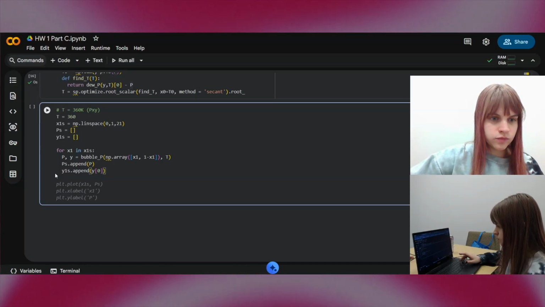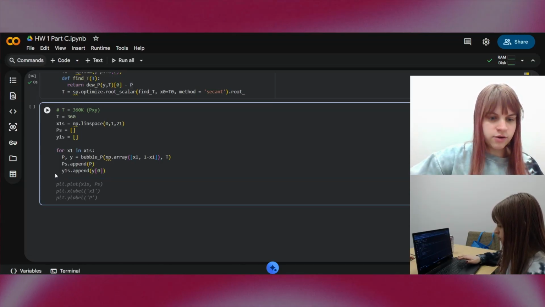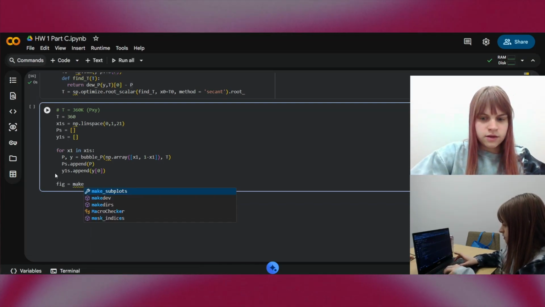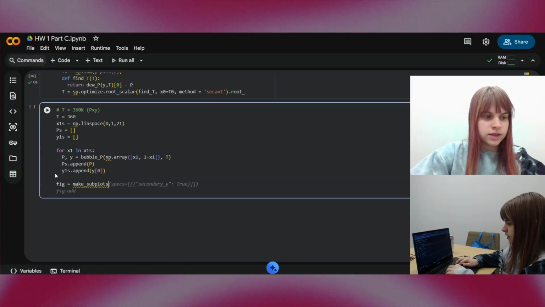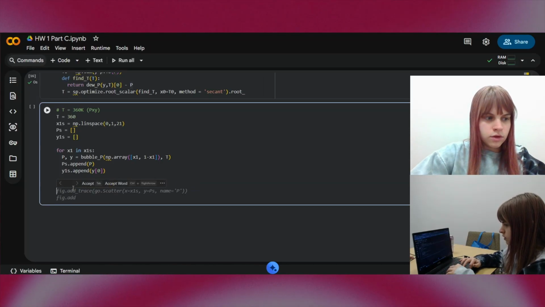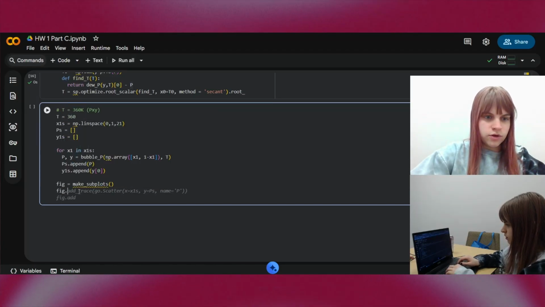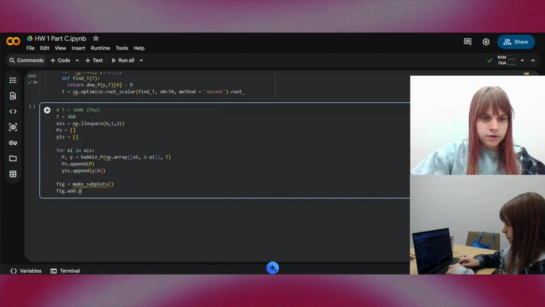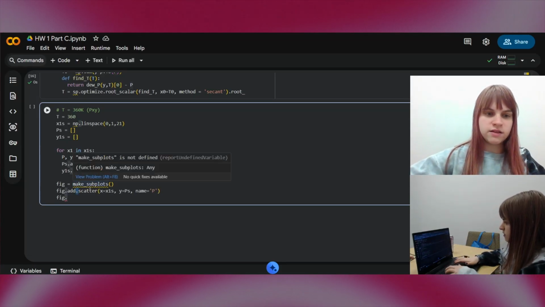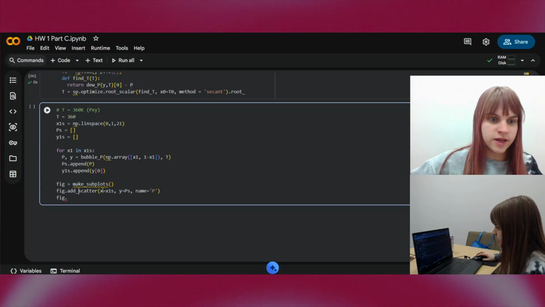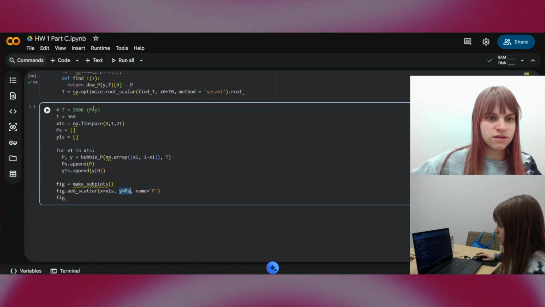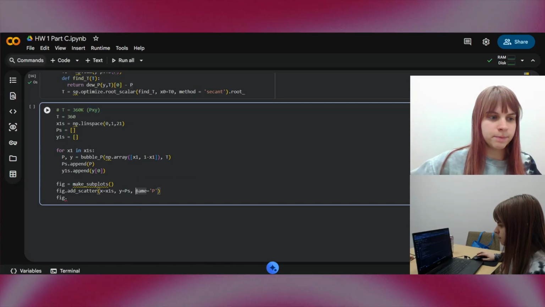And what we're going to do now is prepare our plot. So make subplots from Plotly. We're going to add scatter. So we've added the scatter. The x-axis is those x1s. The y-axis is the p's, since this is a pxy diagram.